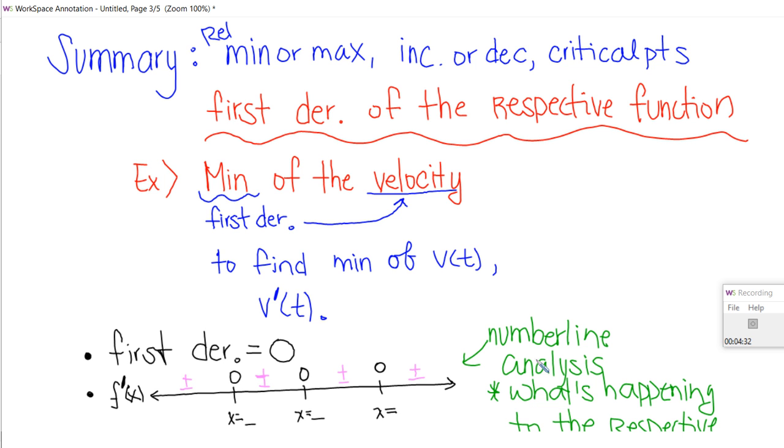So if I want to know the minimum or the lowest acceleration, I will take the derivative of the acceleration and do the number line analysis and figure out where it's 0 and figure out what's happening in those intervals.